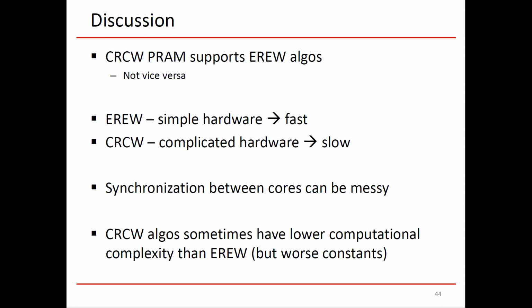Basically, CRCW algorithms at times have lower computational complexity than exclusive read, exclusive write, meaning that as the problem size scales, you might perform a sort of n numbers with n computational units, or even n squared or some other polynomial in n computational units, and you might be able to do that faster than n log n. But the constants may be worse: instead of growing like n log n, you may be growing like the square root of n, but typically the constant in front of the square root of n is going to be larger than the constant in front of the n log n.